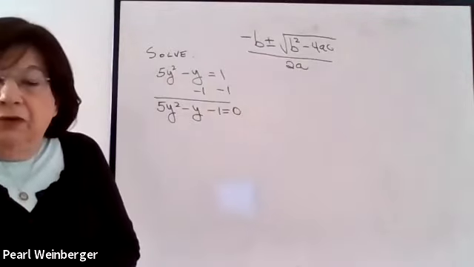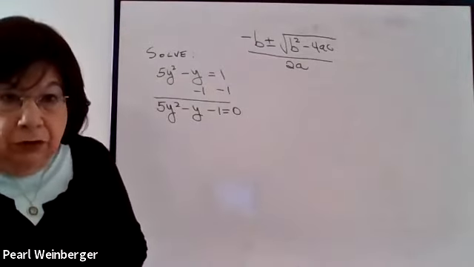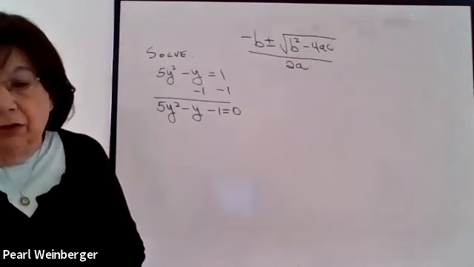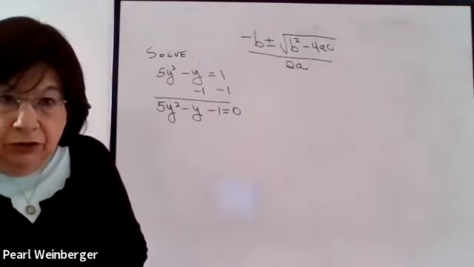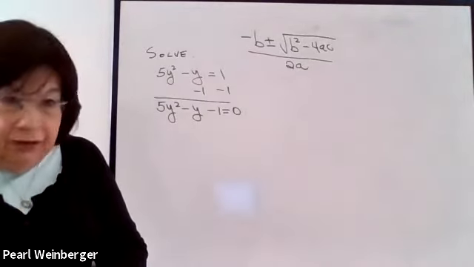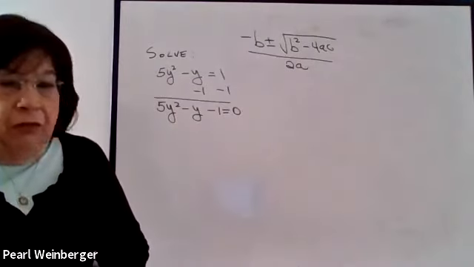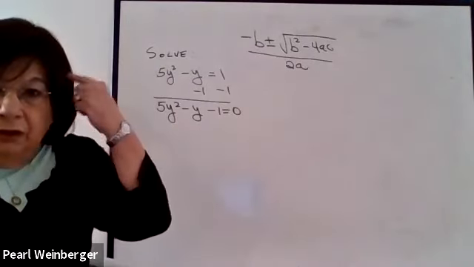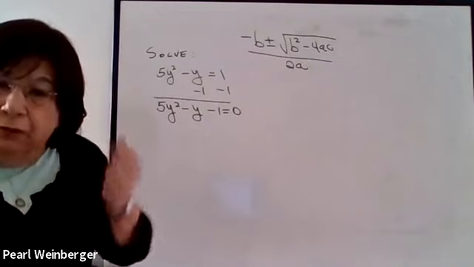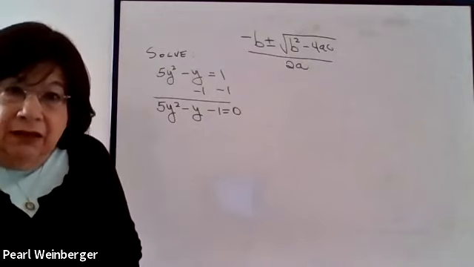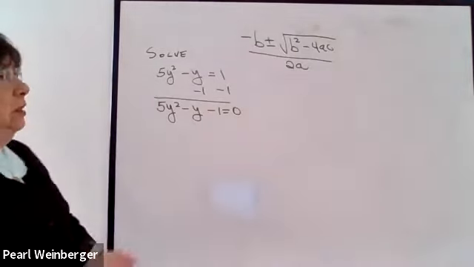For any other math class that you will ever take, you will need to know that formula. So commit it to your memory. Don't leave it in your calculator. Don't leave it in your phone. Commit it to memory.